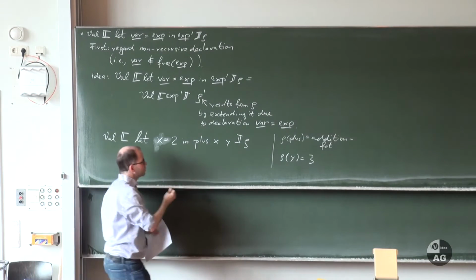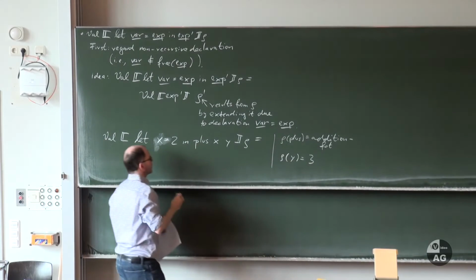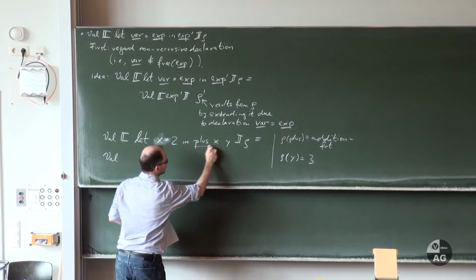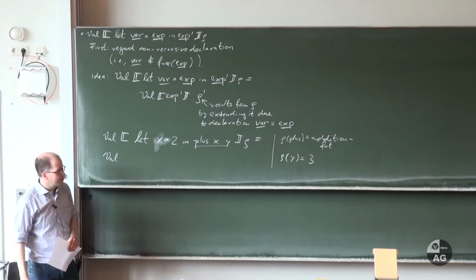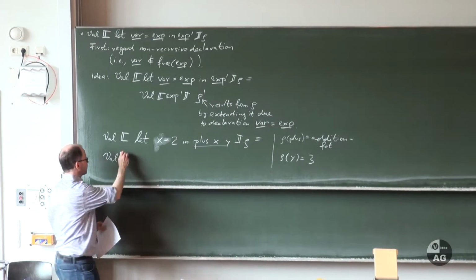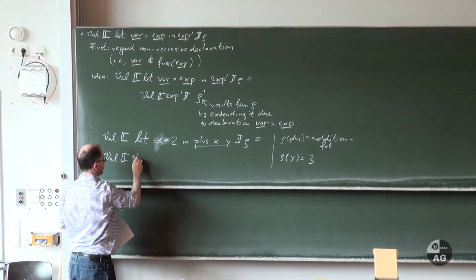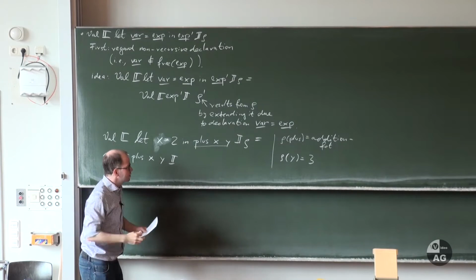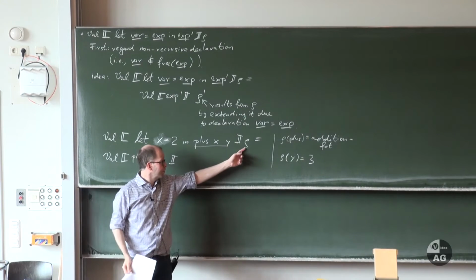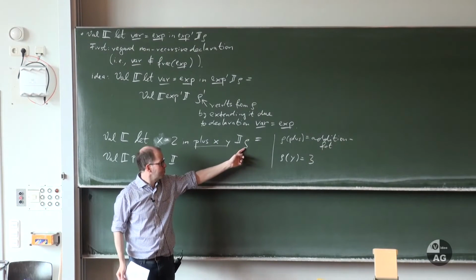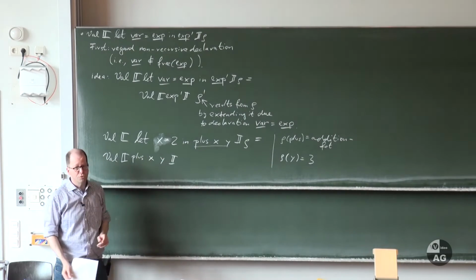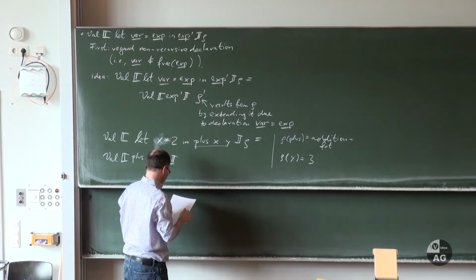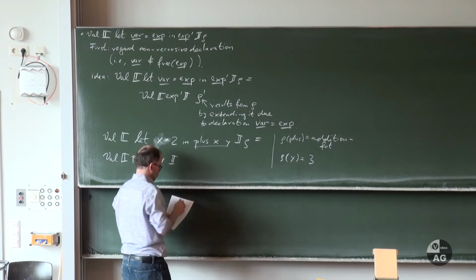So then what should this be? This should be the value of the expression after the in. It should be the value of plus xy, but not in the same environment rho, but in an environment where in addition x is 2. So it should not be just rho, but x should be 2.